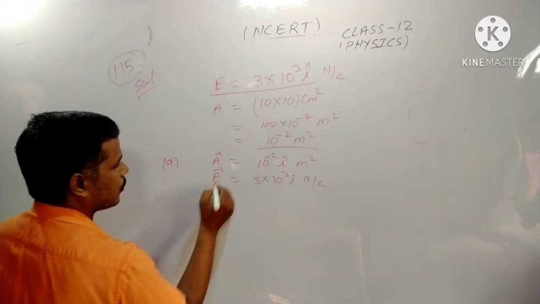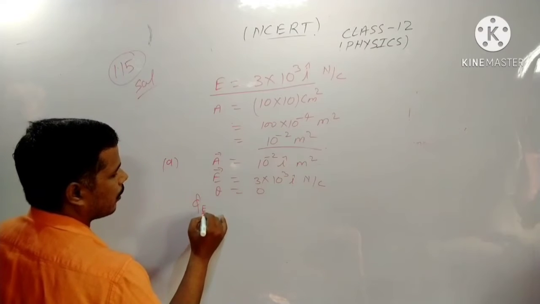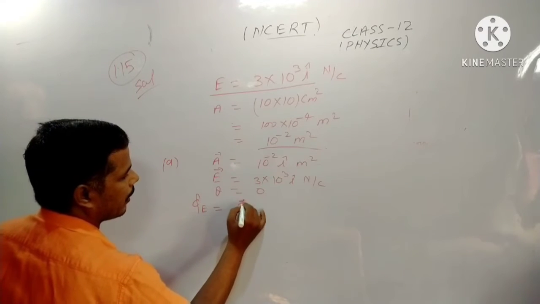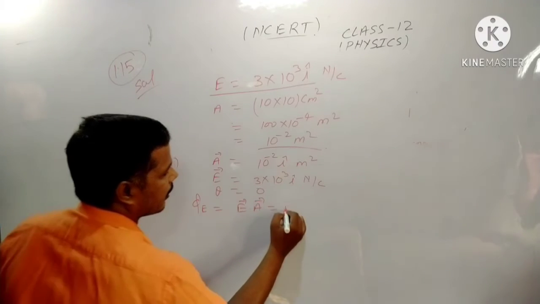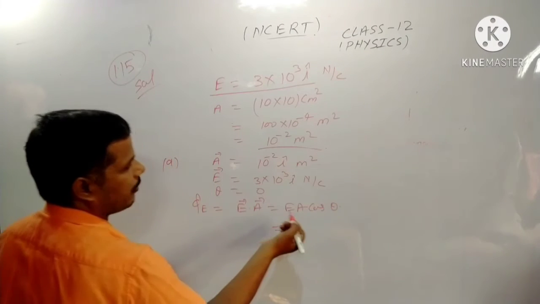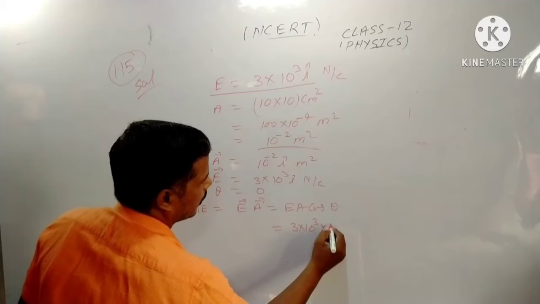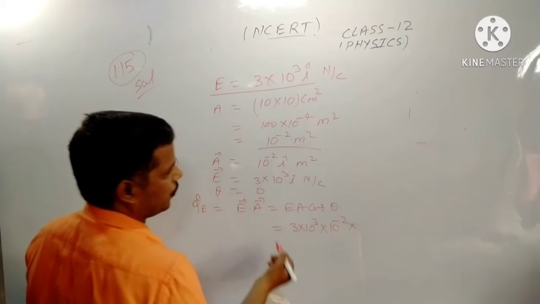Okay, so flux phi, and theta is equal to 0. So flux phi is equal to vector E dot vector A is equal to E A cos theta. Put up the value 3 into 10 power 3 into 10 power minus 2.